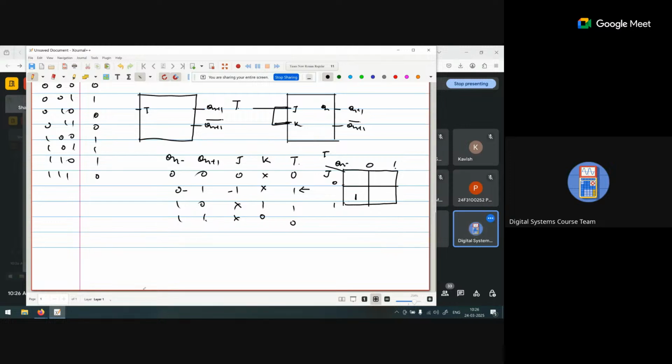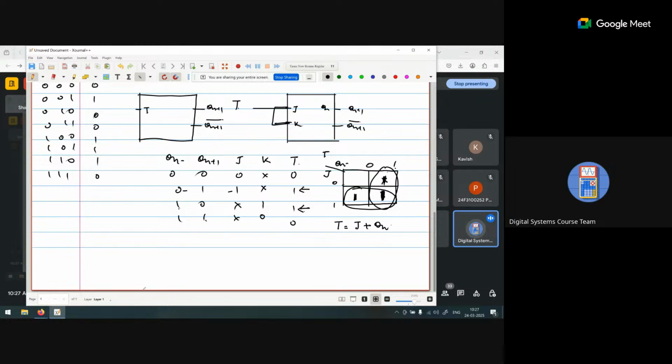J is 1 and Qn is 0. And T is 1 when Qn is 1. Qn is 1 for this one. Either J is this one or this one. So both solutions. Okay. Now create a group. So one group is this one, one group is this one. So what is the equation for T? T is J plus Qn.